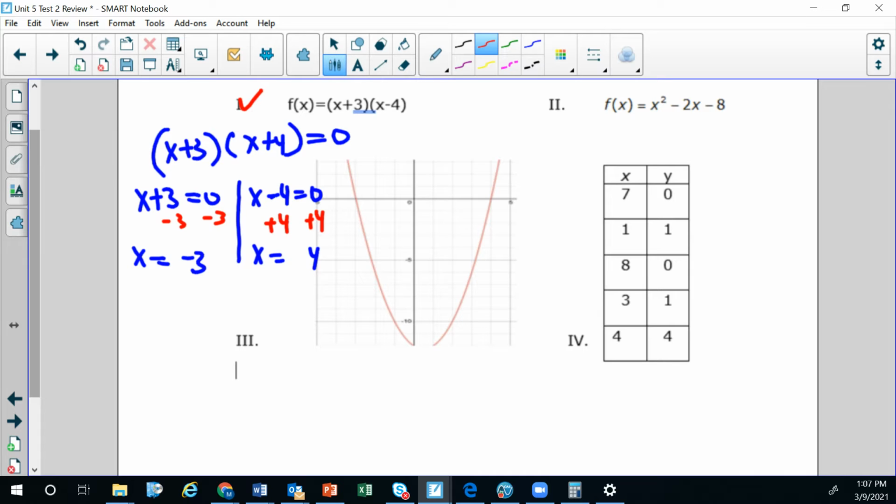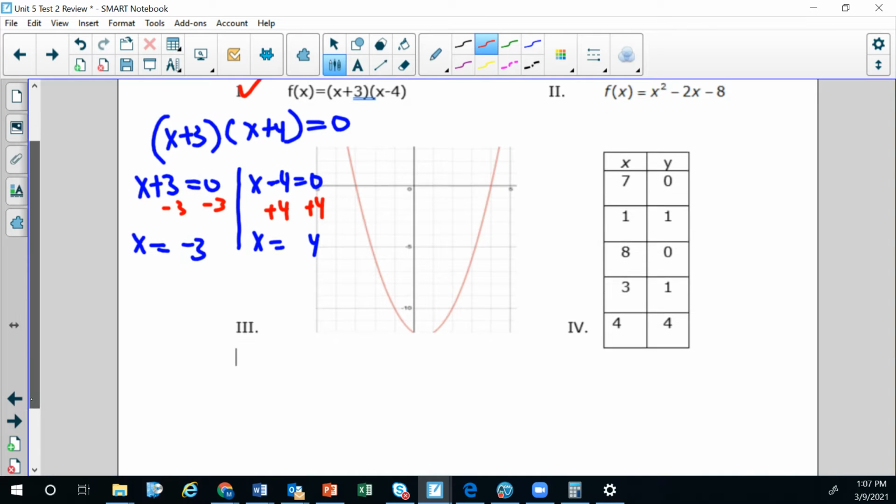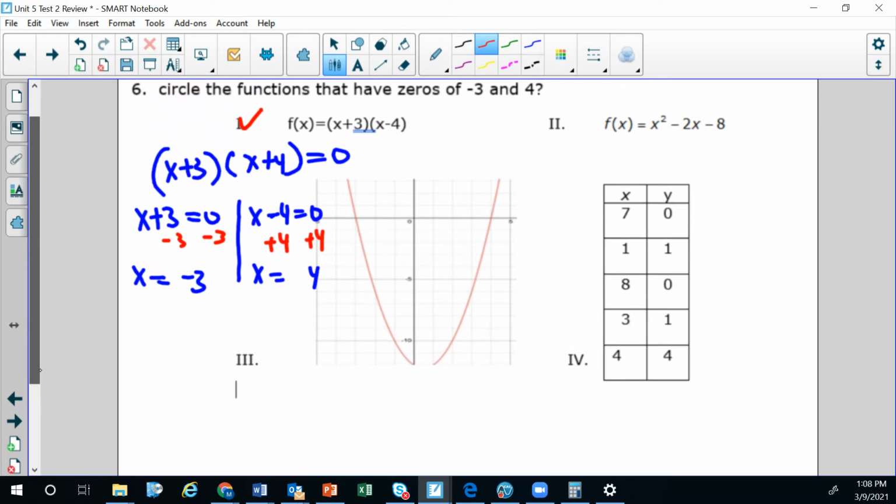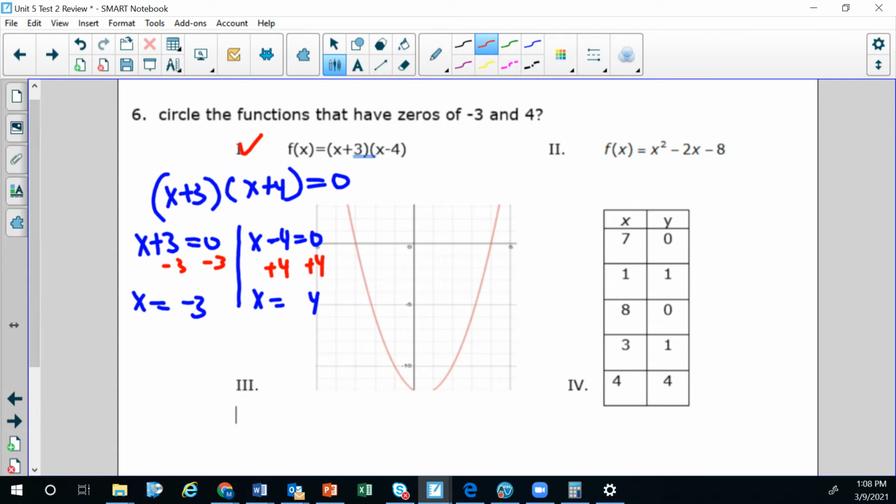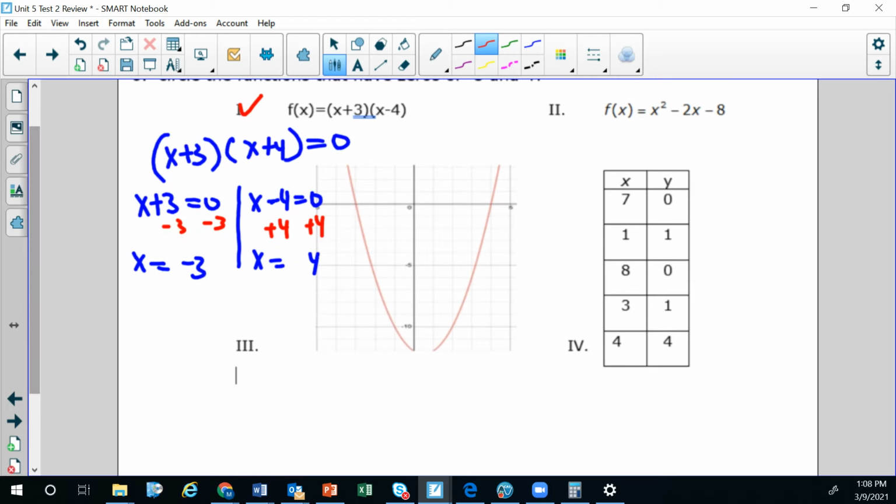Where's number 3? I have 1, 2. Okay, we're missing, oh, the graph is 3. Okay, so let's solve for x squared. I'm going to use the Xbox method for that one, since I don't have my calculator with me to punch it in.